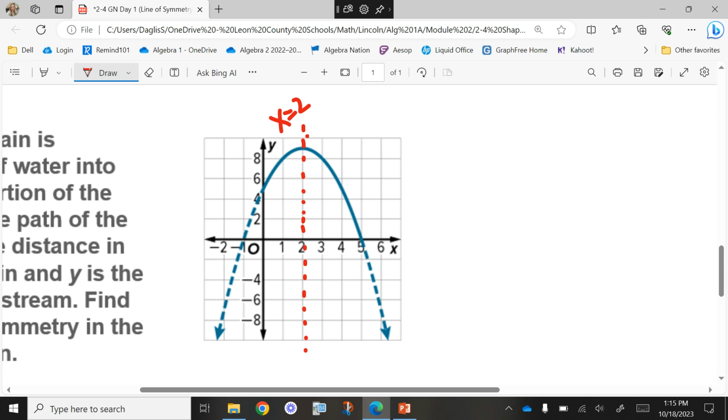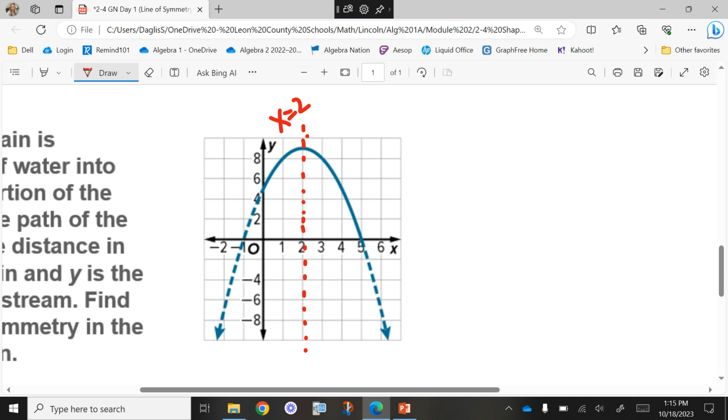How can I interpret that? Well, we're talking about a fountain. What does that mean about my fountain? What's happening at 2 seconds? It's going up and then going back down. Good, that's when it changes direction.